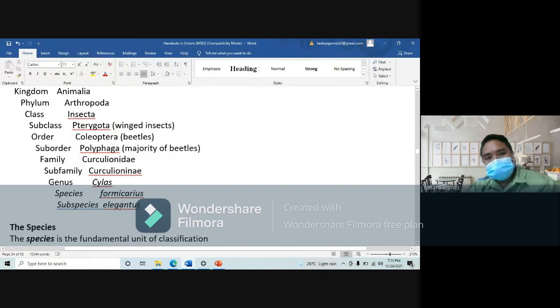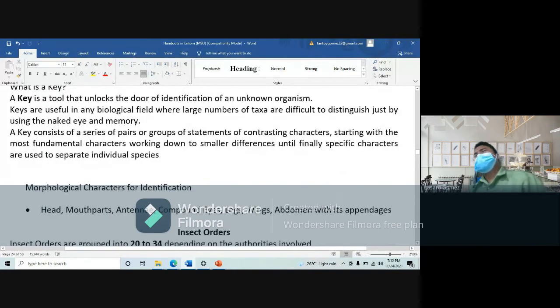With the help of binomial nomenclature, the way of giving a name, the insect is named from its genus up to its species, and then up to subspecies. There are still insects that are unknown and have no name until now.